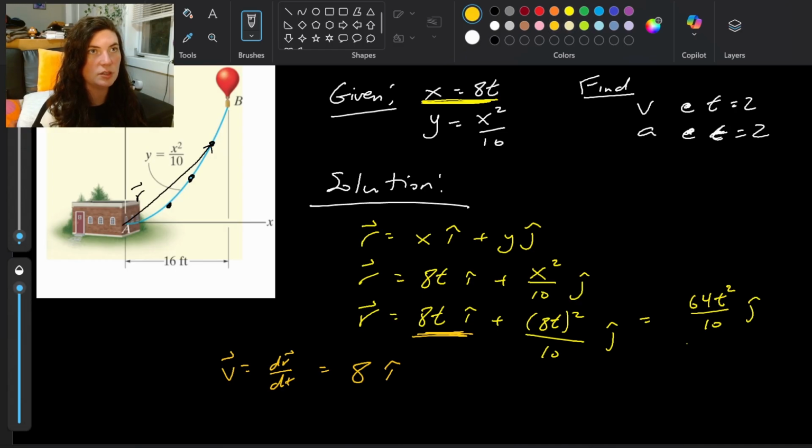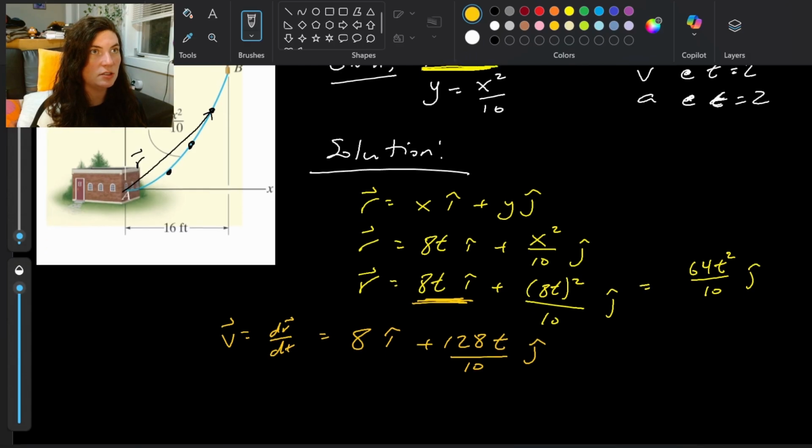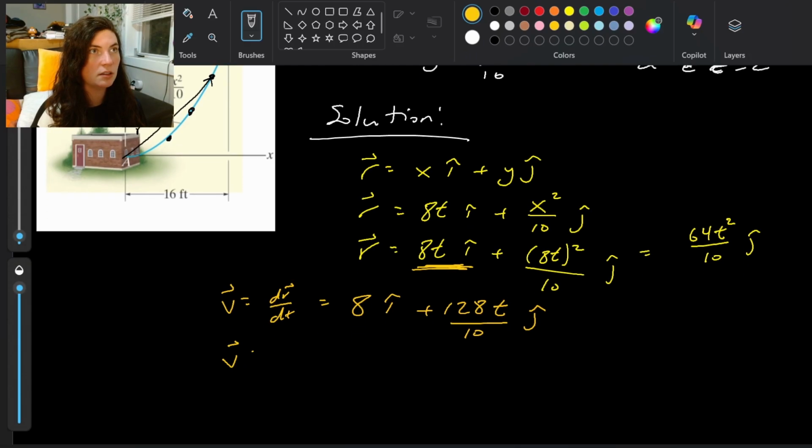So the derivative for this y component is going to be plus, bring that 2 down, so 2 times 64 is 128 times t all over 10 j hat. And I wanted to find that velocity at 2 seconds. So my velocity at 2 seconds is going to be 8 i hat, and then just plug in 2 for t, 128 times 2 over 10 j hat.